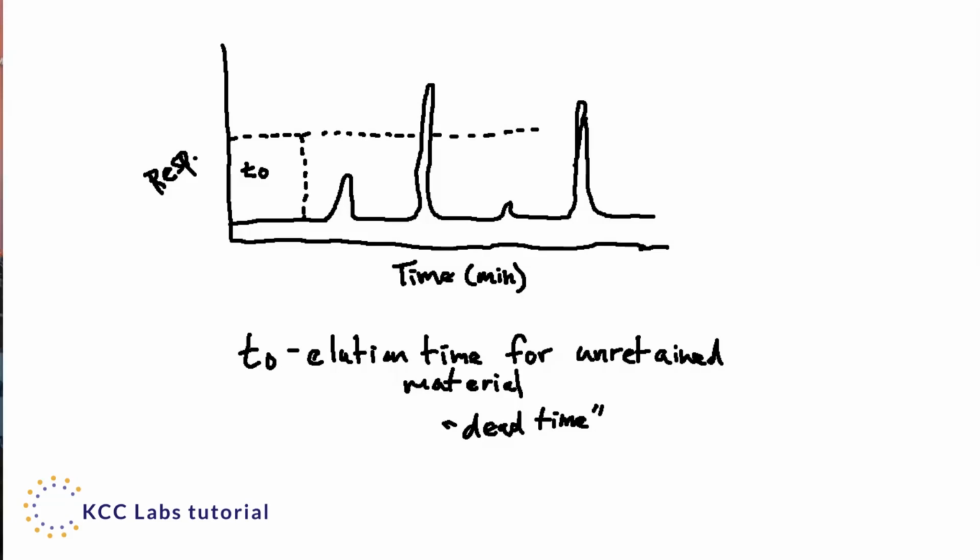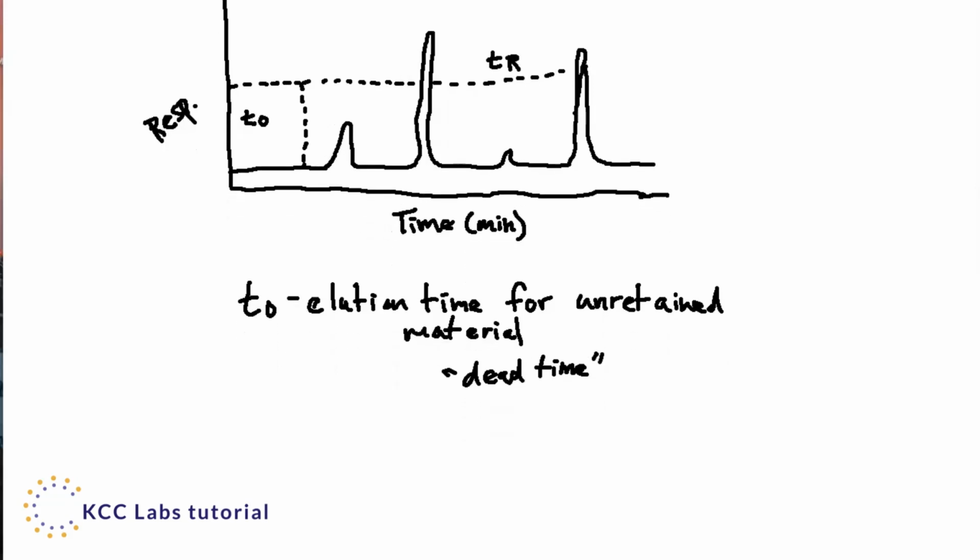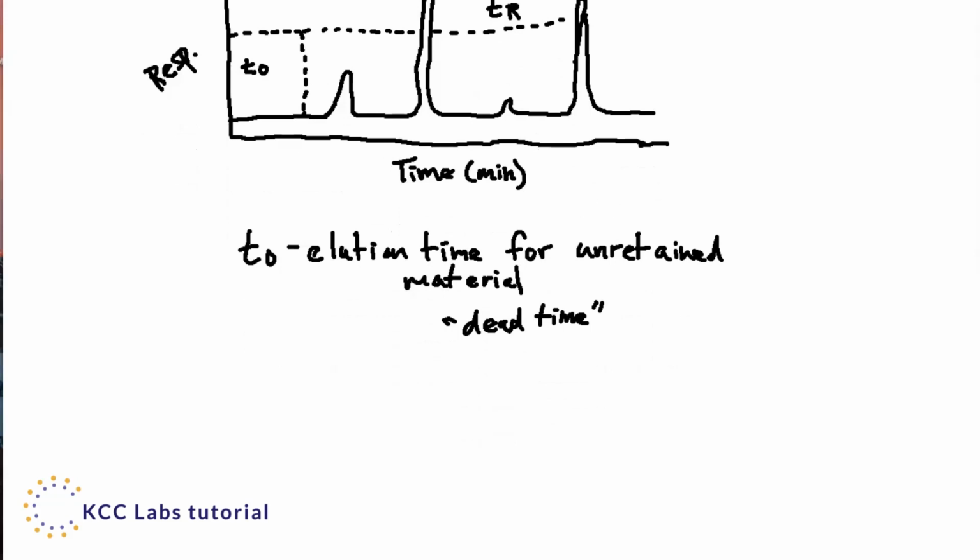When we start talking about things like resolution and the distance between peaks, it's going to be important to understand both of these, because both are used in calculating how to improve things like resolution. What's important about retention time, and I know I mentioned this earlier, is that we can identify compounds by retention time. The compound identity is associated with retention time.